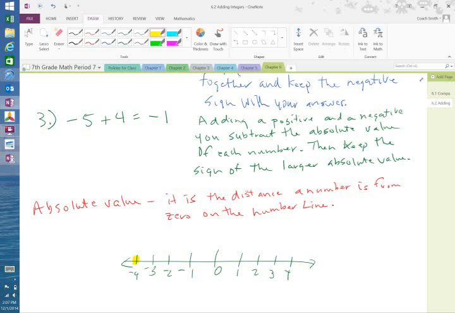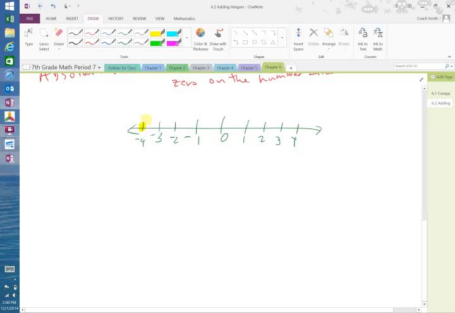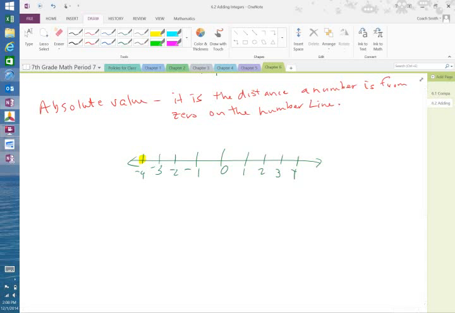Tayshawn? 4. In other words, for me to go from -4, right here, back to 0: 1, 2, 3, 4. It is 4 units from 0.